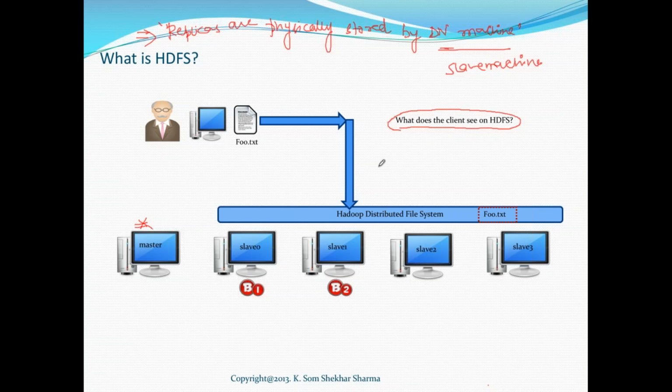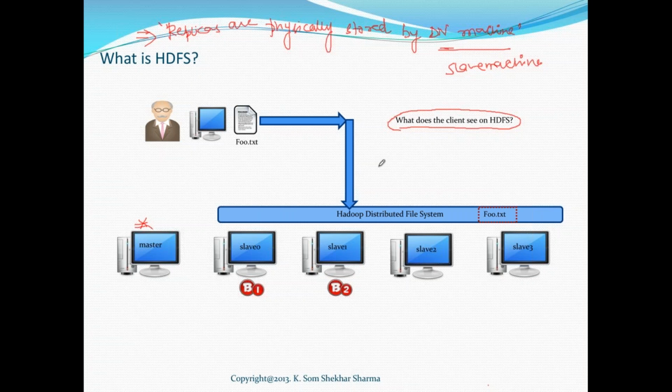That's what I wanted to bring out, because now I'm telling you the details of how the file gets broken. You should not be under the impression that when you see the HDFS, you will see various blocks. No, you will see only the single file. Think about the client perspective, someone who is not into Hadoop.